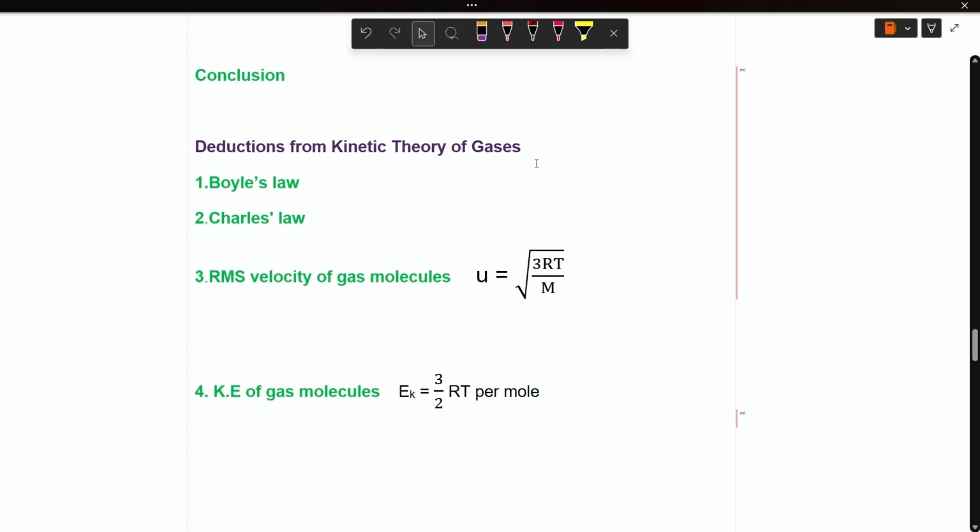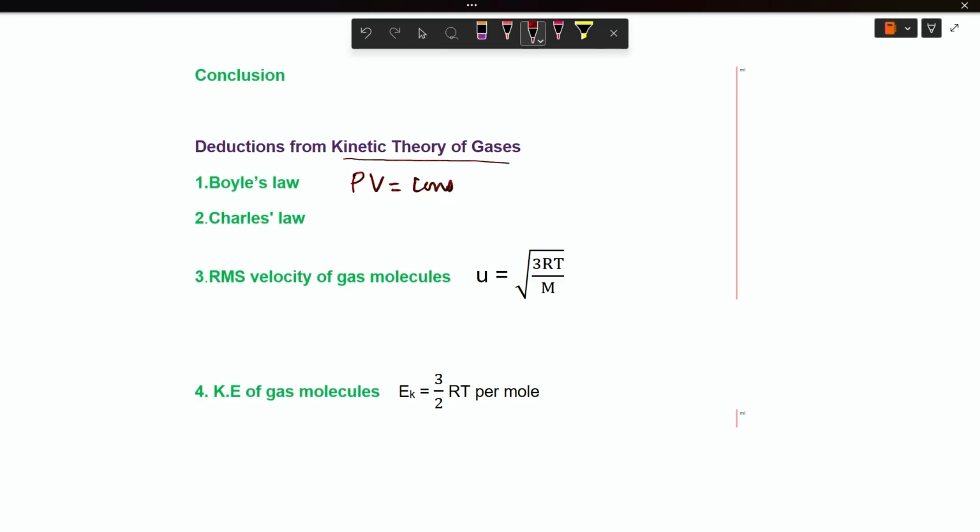Okay. Now, to conclude, in this session we have been seeing deductions from kinetic theory of gases. We derived equations for Boyle's law, that is P V is a constant. We derived Charles' law, in which V by T was found to be a constant.